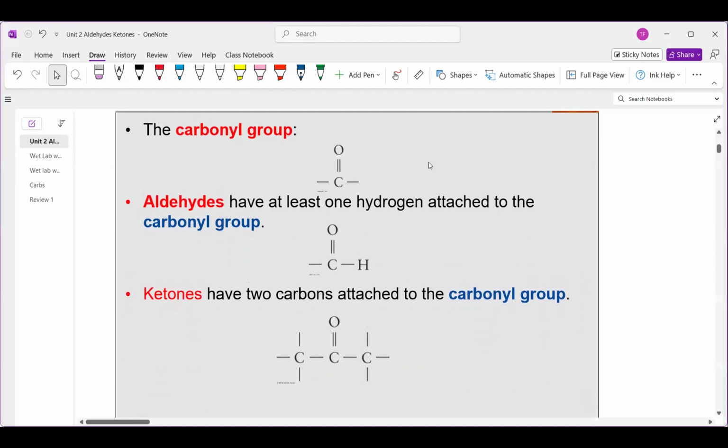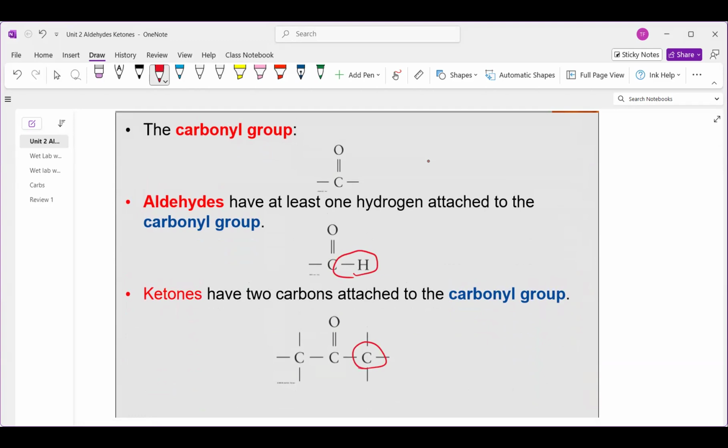Now there's something called a carbonyl group, which is a carbon double bonded O. Now it's going to attach to a carbon, and that carbon can either have an H or another carbon here. If it's an H, it's an aldehyde.